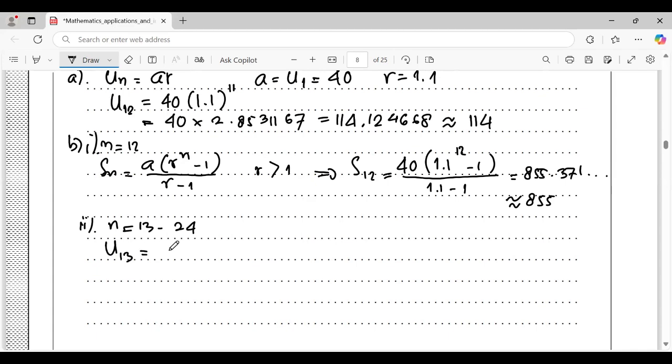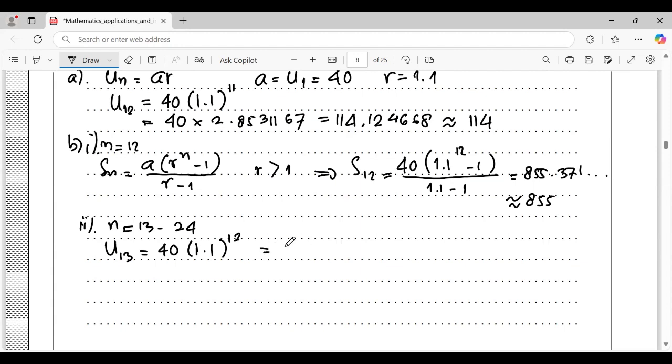U13 is 40 times 1.1 to the power 12, because 13 to 24 means power 12 with 13 minus 1.